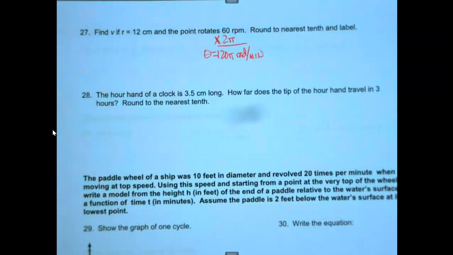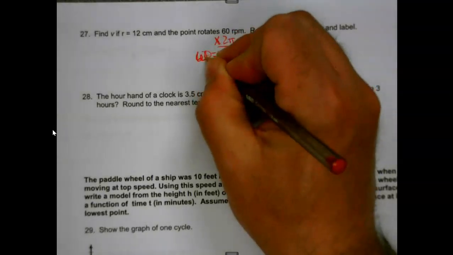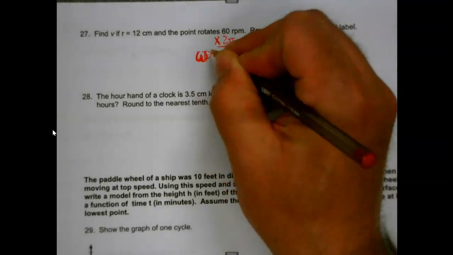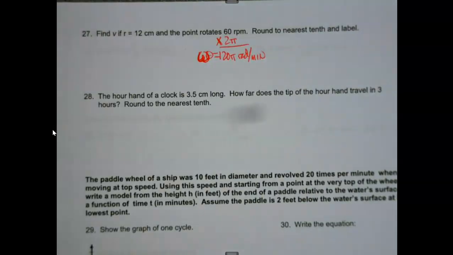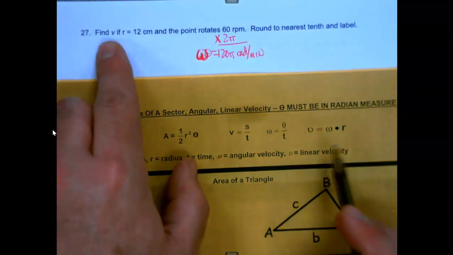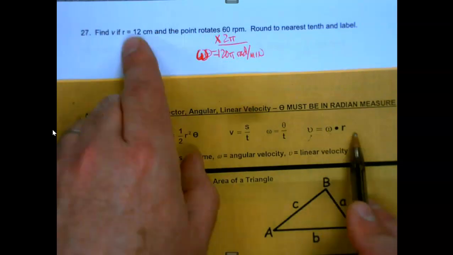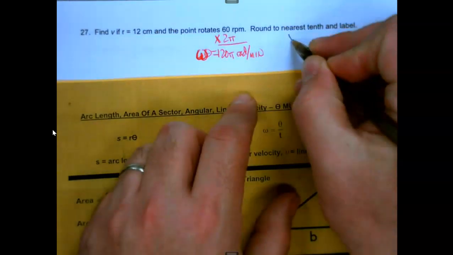Wait, hang on a minute. No, Hardy, that is not your angle measure. That is your angular velocity. My apologies there. So once I have that, because again, to find linear velocity, you have to have angular velocity, you have to have a radius. So I have this all now.